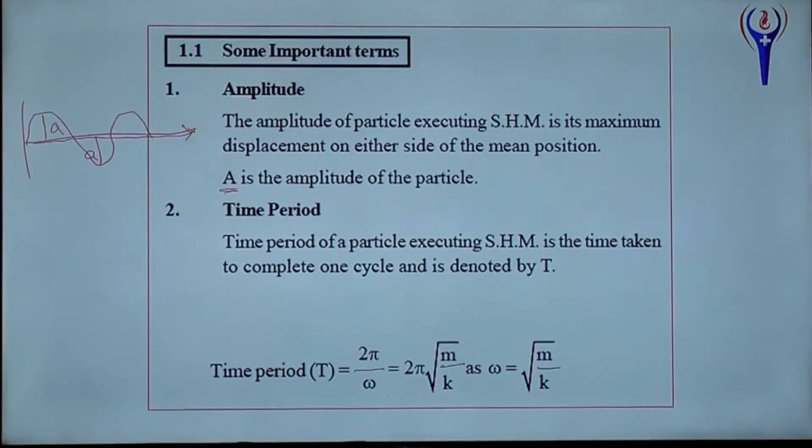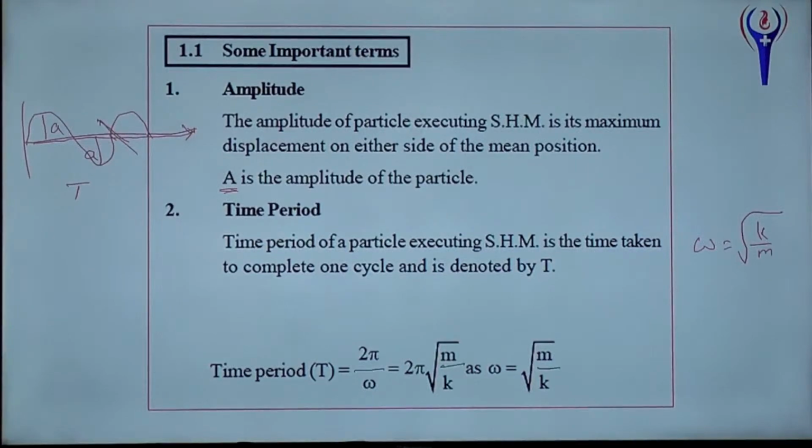Suppose this will be one cycle. Complete one wave is one cycle. So we can say this is the complete time period for one cycle. Then time period T equal to 2 pi by omega, and already we said omega equal to root of k by m.